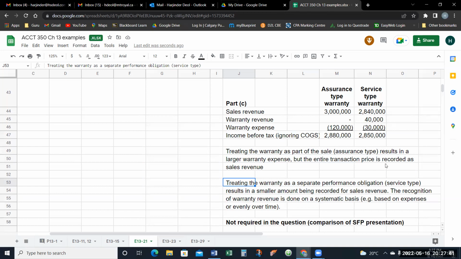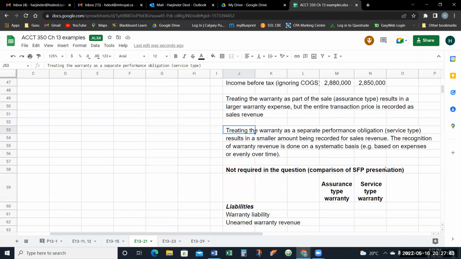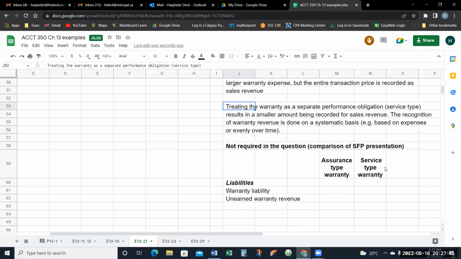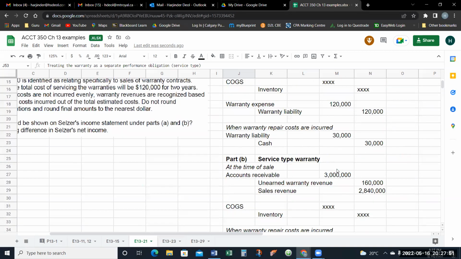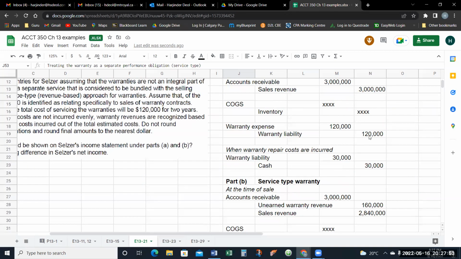Now, the question didn't ask us for this, but I'm going to show you the comparison on the balance sheet as well. So as far as the assurance type warranty is concerned, remember, we had recorded a warranty liability in total of $120,000 at the time of sale. And then later, when the costs were incurred, we reduced the warranty liability by $30,000.